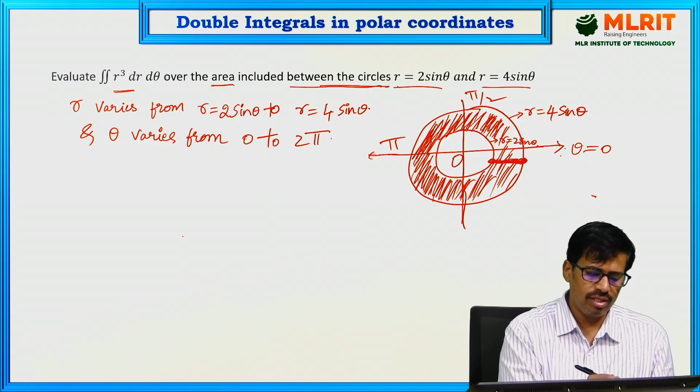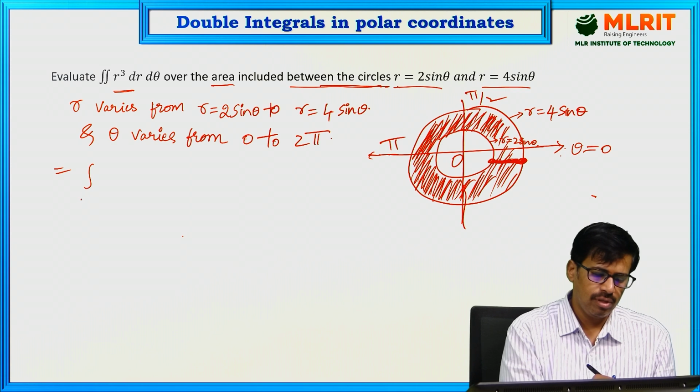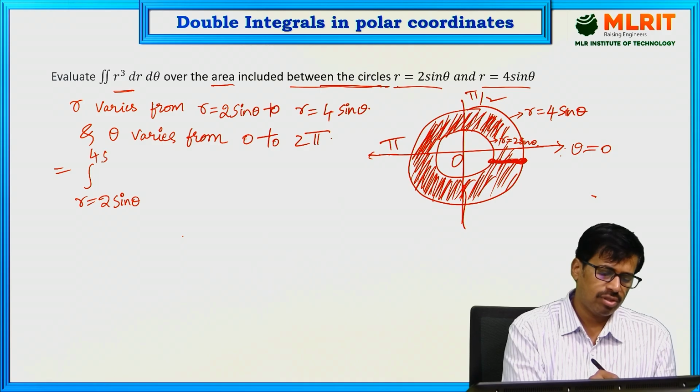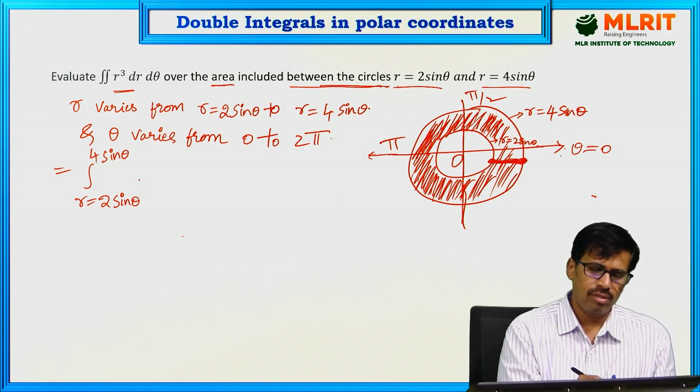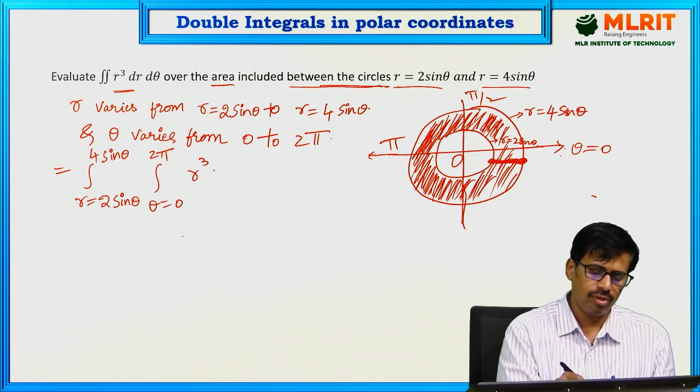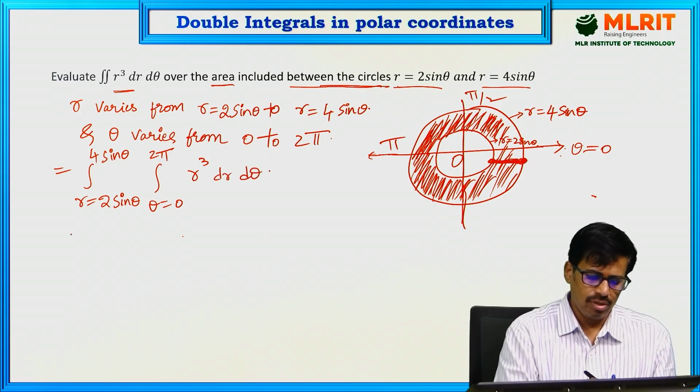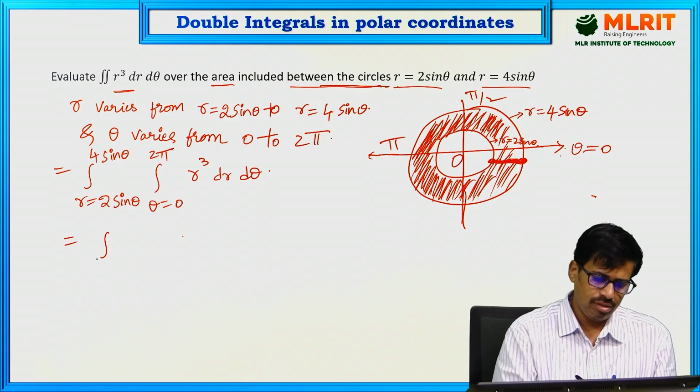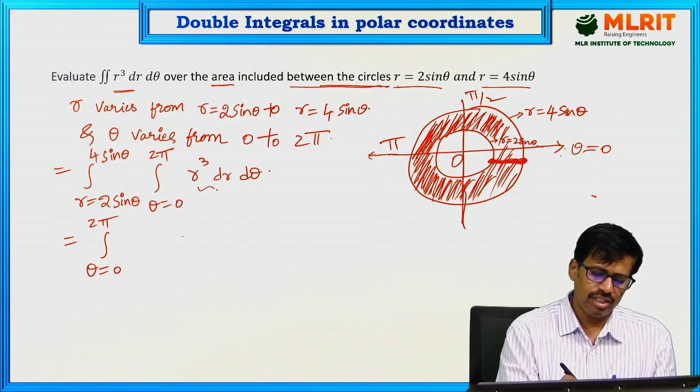Let us evaluate this. r equal to 2 sin theta to r equal to 4 sin theta, and theta equal to 0 to 2 pi. The function is r cube dr d theta. What is the integration of r cube dr?